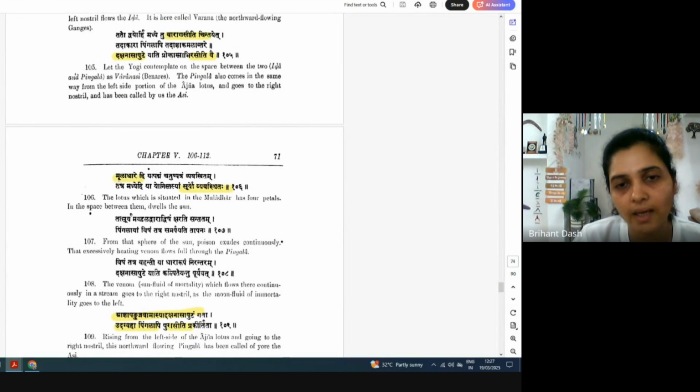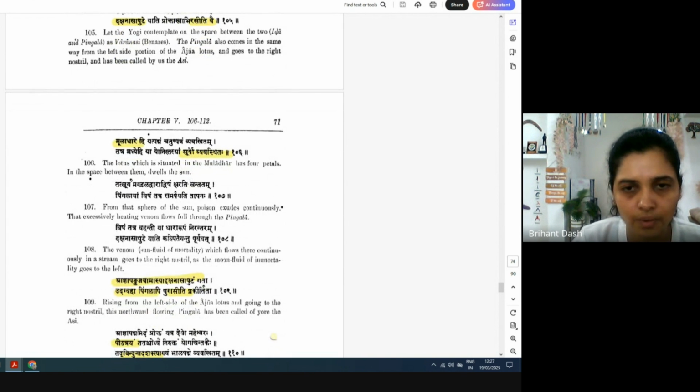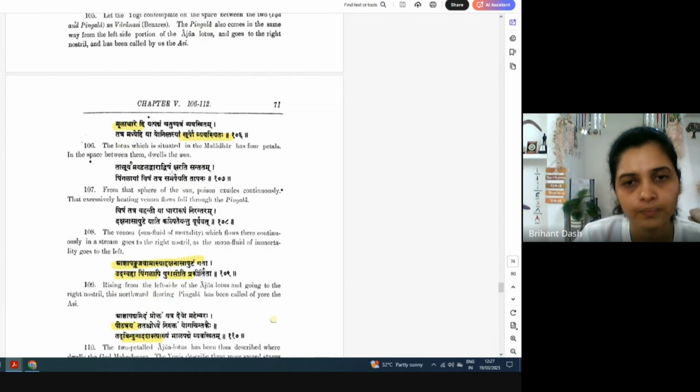Here they are saying in the Muladhar there lies the Surya. As we saw that Surya is your Basti Pradesh. So that is what again is repeated over here. They are saying from the Surya Mandal, the poison secretes continuously and it flows through the Pingla in the body.